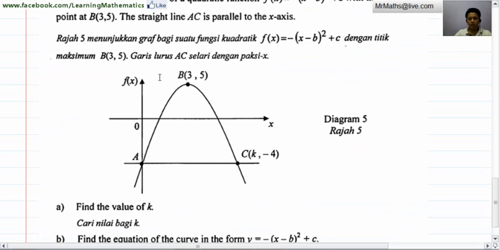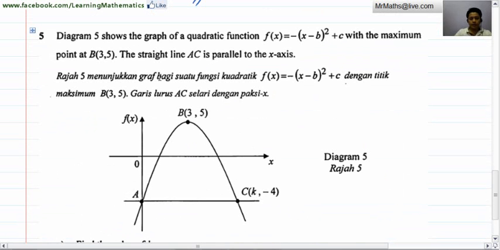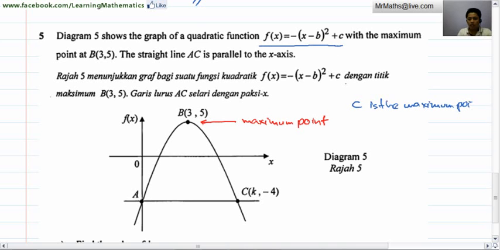We have the maximum point here, and interestingly enough, the equation has been put in the completing the square format. What it means is that c is the maximum value. f(x) is maximum at x equal to b. So that's what it means.